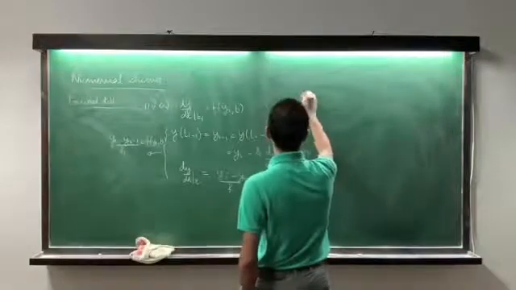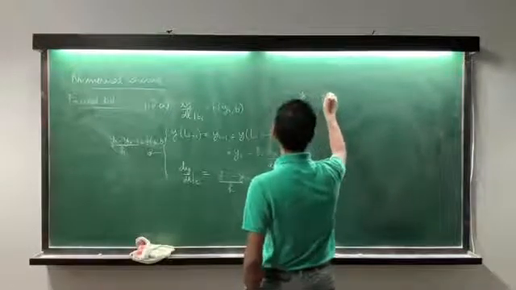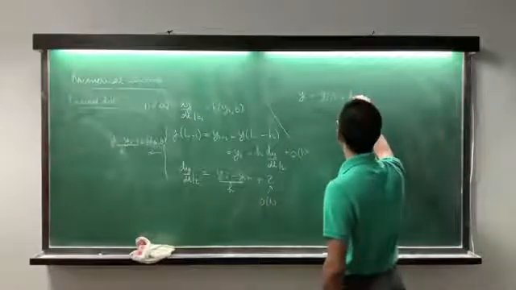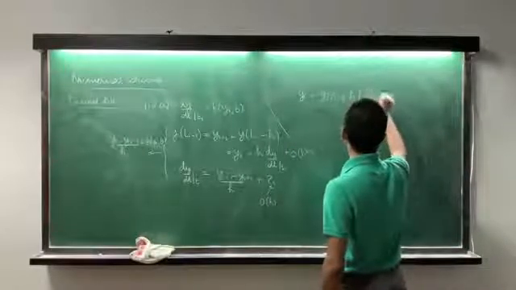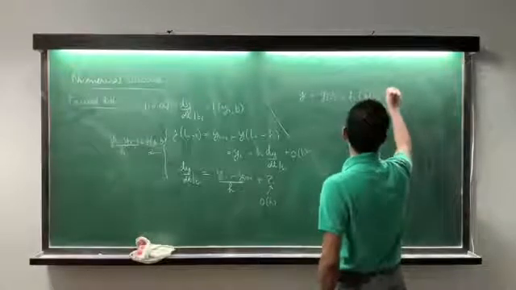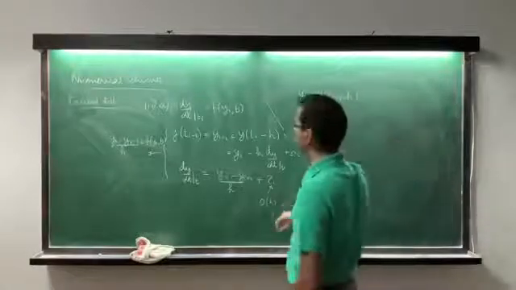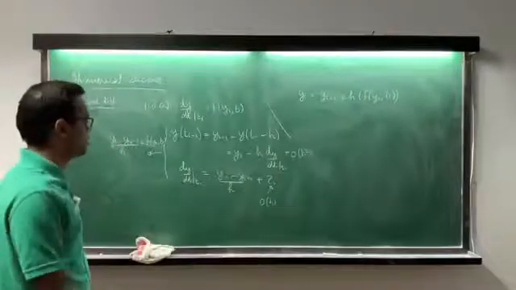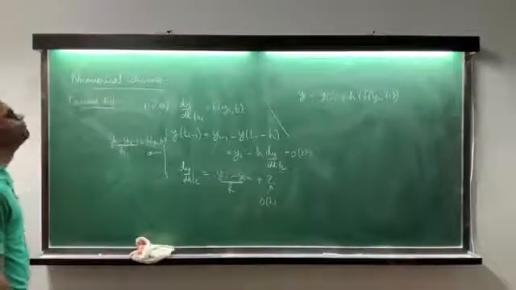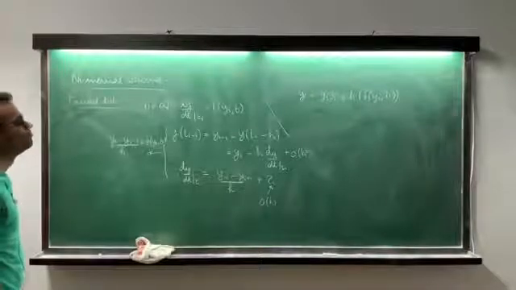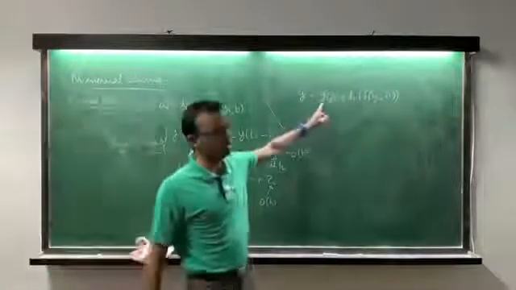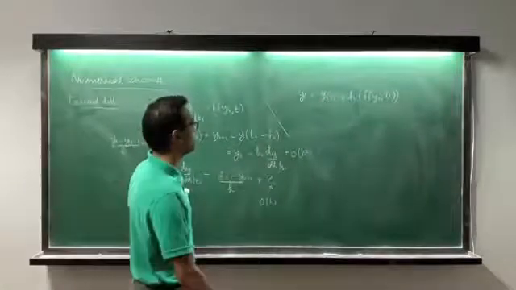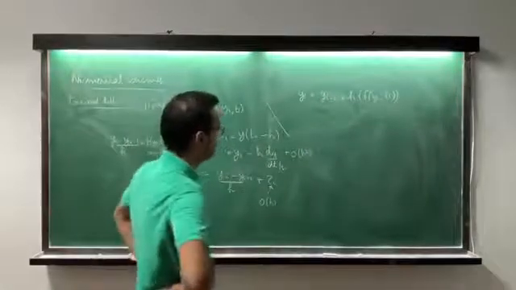I now have yi is yi minus 1 plus h f of yi, ti. This is very different from the forward difference scheme. This is like a backward difference scheme, you could think of it like that.